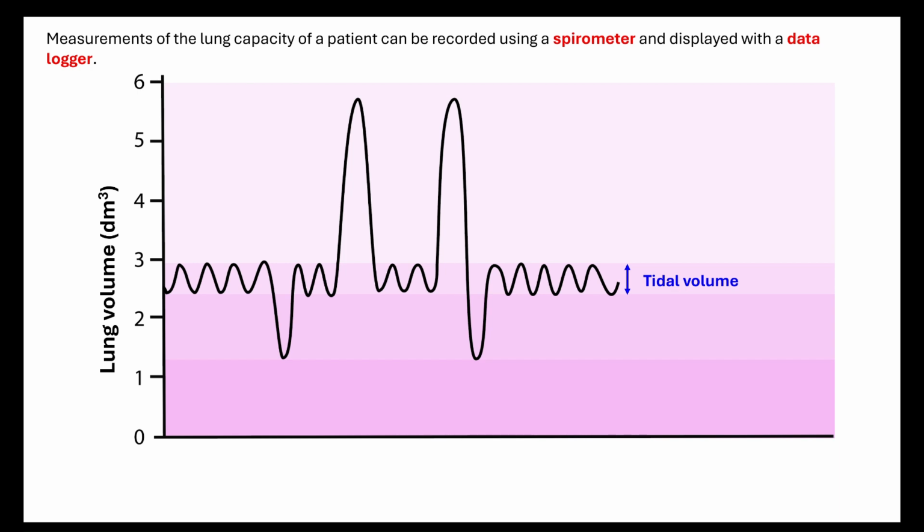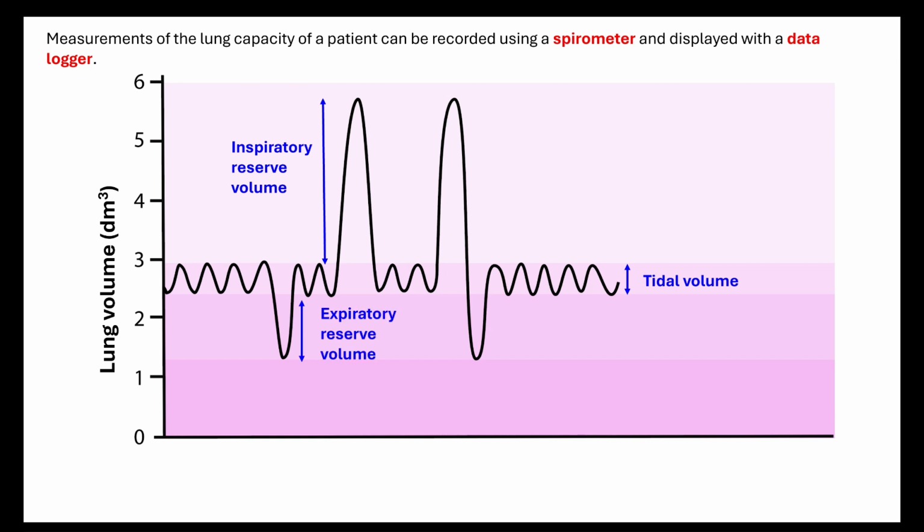If I take a deep breath in, that is called my inspiratory reserve volume. This is the maximum air that I can take in if I take a deep breath in. So I am bringing more air in than my normal breathing, which is my tidal volume.